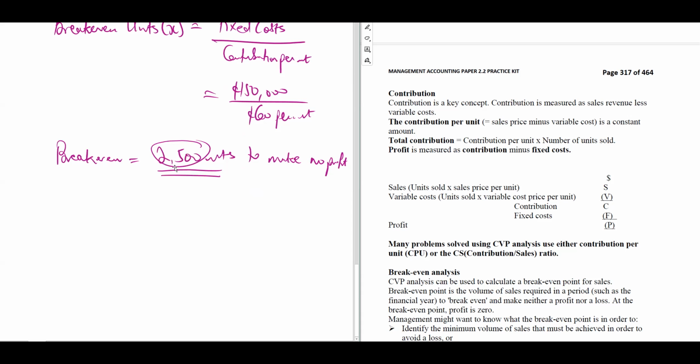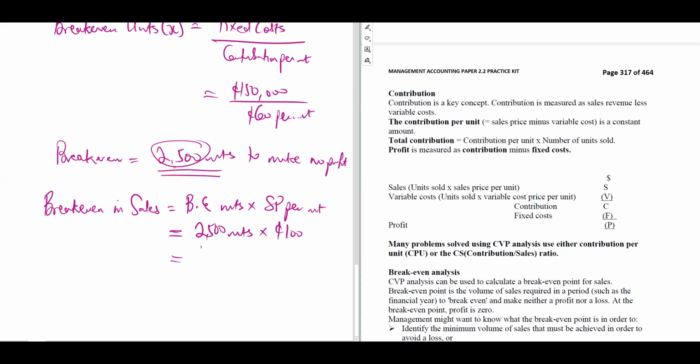So if they're asking you for break even in sales, how do you get it? At what sales revenue will we break even? All you have to do is just take your break even units, which we have, by the selling price per unit, right? And how much was selling price per unit? How many units do we produce to break even? 2,500, not so. Each of them cost 100 cedis, right? Selling price.